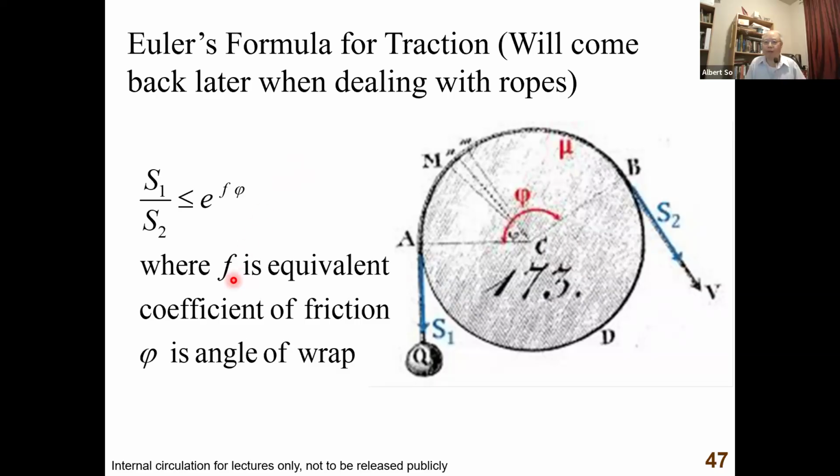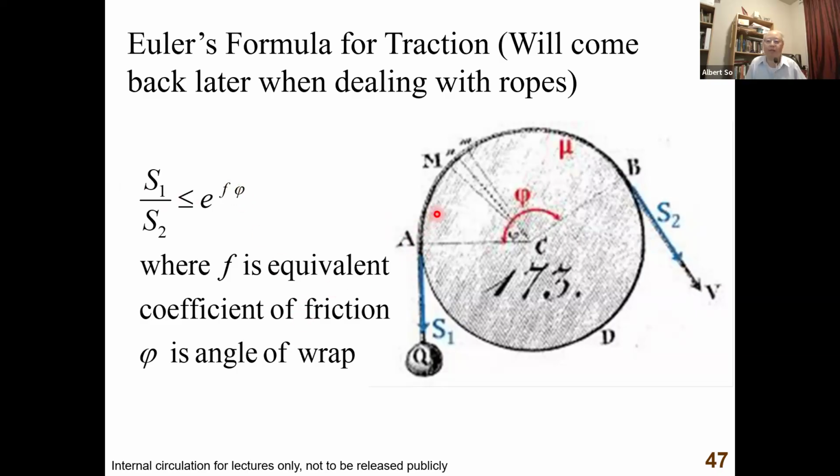But the equivalent coefficient of friction depends not only on the materials of the ropes and the groove, but also on the geometry. Remember, there are different types of groove: V groove, U groove, and U groove with undercut. I'll go into details next lecture. For different geometry, the F will be different.